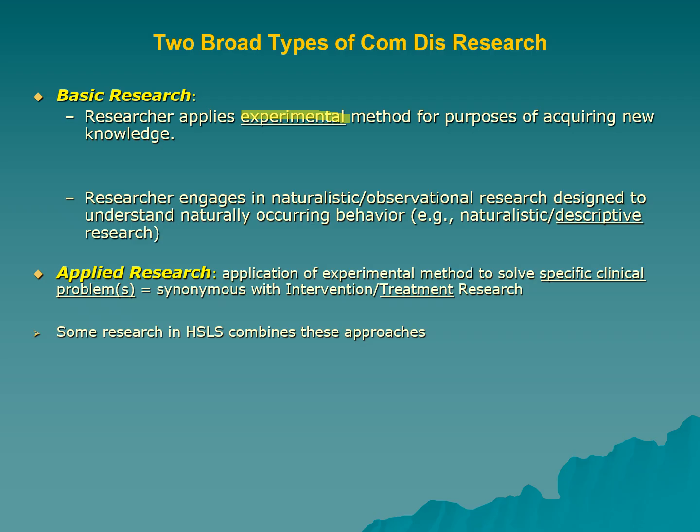The second subcategory is descriptive research, where researchers simply observe and describe participant behaviors or their surroundings. The second broad type of research is applied research, which is aimed to solve specific clinical problems. And apparently, applied research is focused on treatment. Some research in CSD combines these approaches.